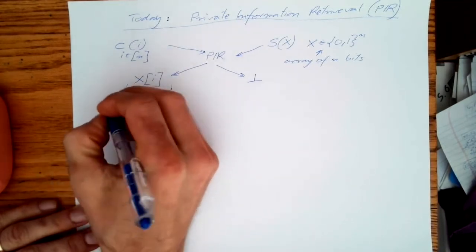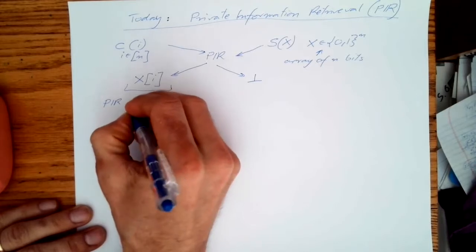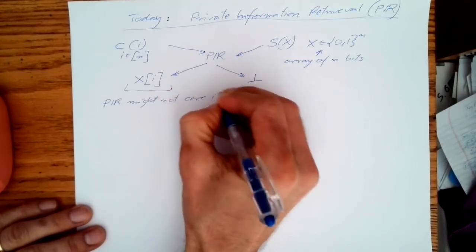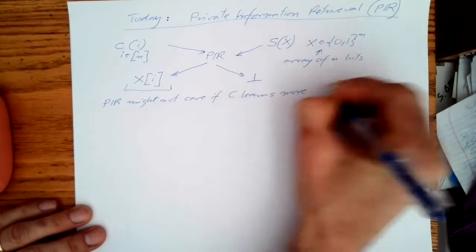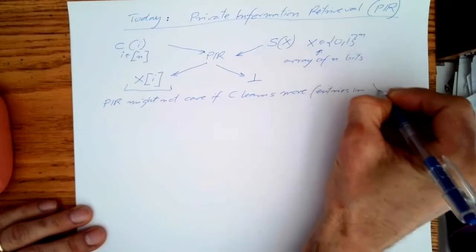However, PIR might not care if C learns more, for example, more entries in X.